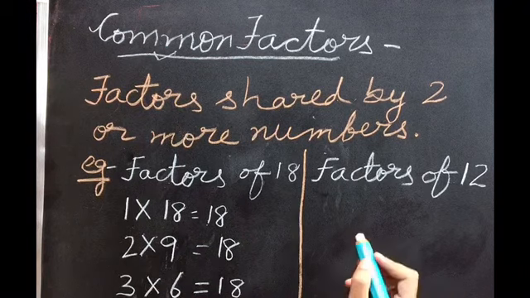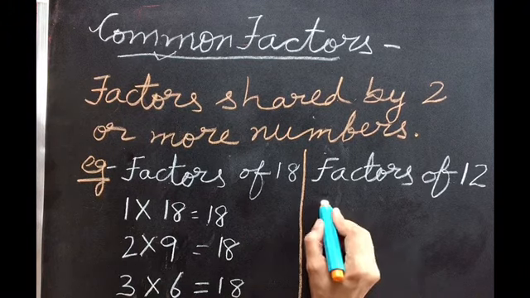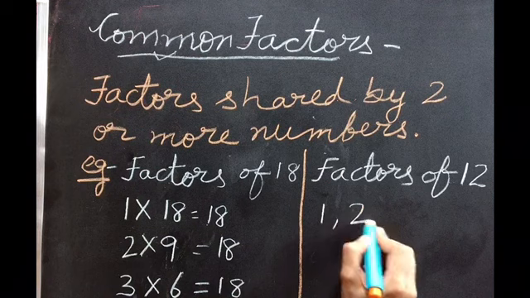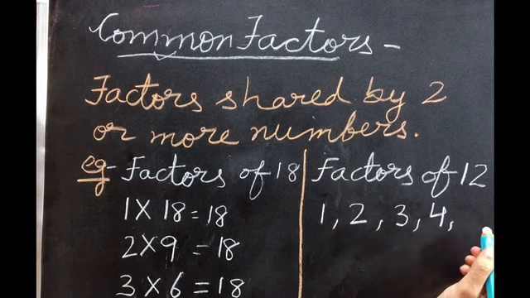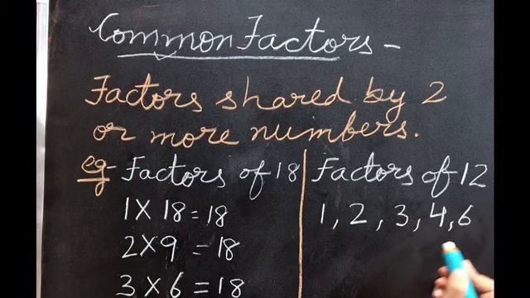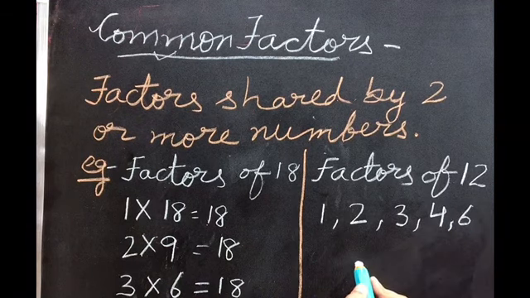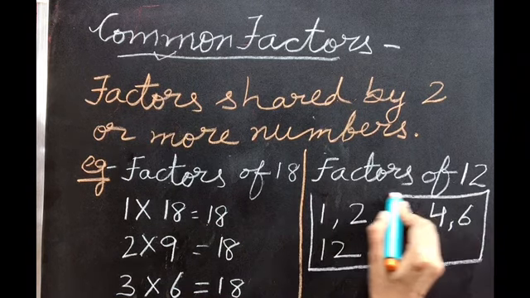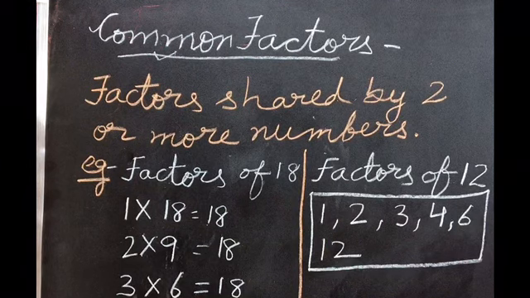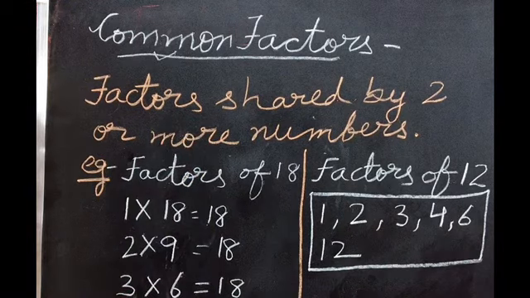Now the factors of 12. 12 comes in the table of 1, 2, 3, 4, 5 no, 6 yes, 7 no, 8 no, 9, 10, 11 and 12. Fine. So we have to just check in which numbers' table 12 comes. So these are the two sets of factors. Now, common which is present in both of them.